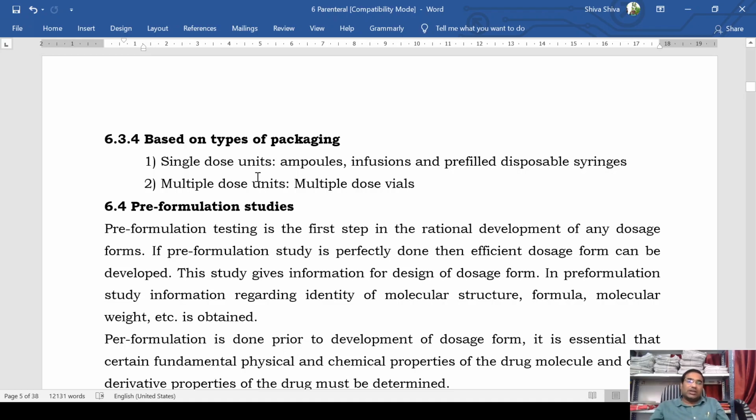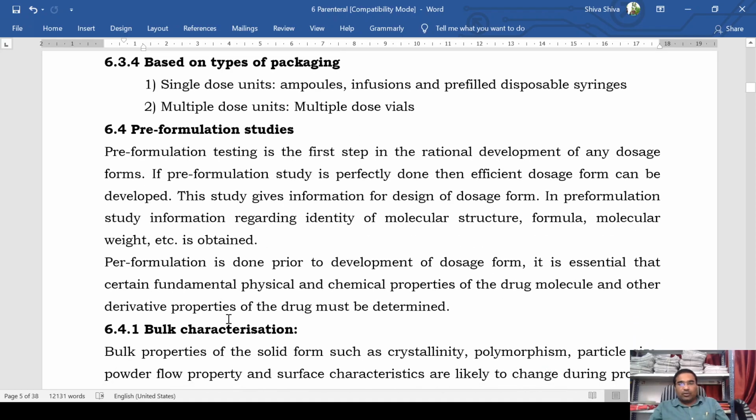Then pre-formulation study. Now we have seen this chapter, pre-formulation study. Pre-formulation study involves testing of your drug candidate for its stability, for its physical properties, for its chemical properties, so that a stable formulation can be prepared. So pre-formulation study involves various types of stages. We already have seen the pre-formulation study, so we will not go through it in this chapter.